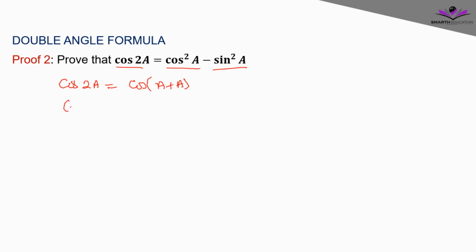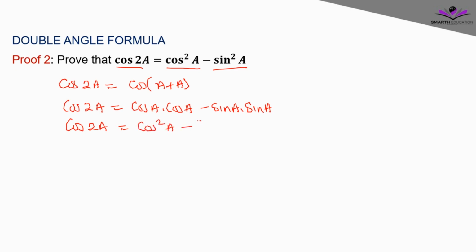So using this, cos 2a is going to be cos a times cos a, and then minus, remember the compound angle formula, minus sine a times sine a. So cos 2a is equal to cos squared a minus sine squared a. Okay, that's the second one.